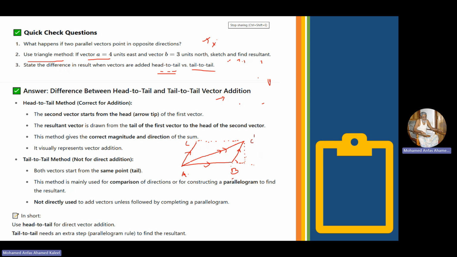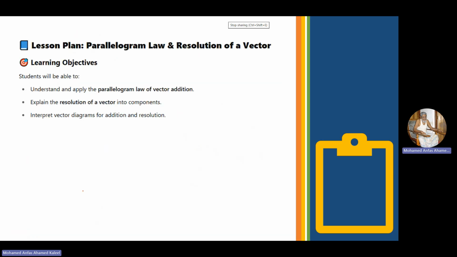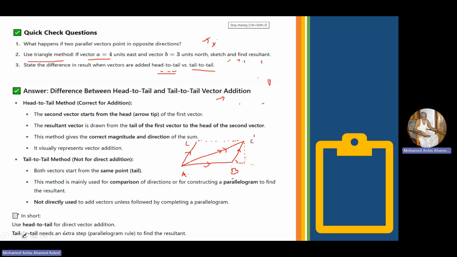But if the vectors are placed head to tail, we can use the triangle method. So we cannot directly add tail to tail; it needs an extra step, the parallelogram rule, to find the resultant.